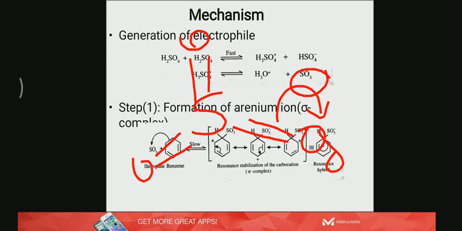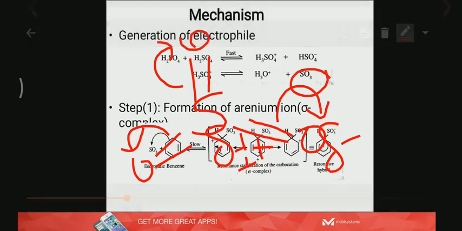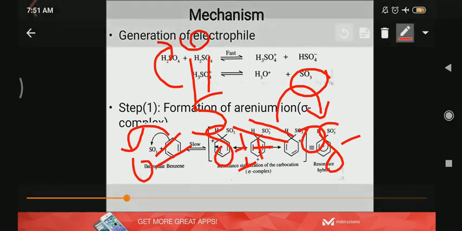Oxygen gets a delta negative charge, and sulfur consequently gets positive charge. This happens in all these pi bonds. So due to this, sulfur becomes highly positive, electron deficient. So that is how SO3 acts as electrophile.